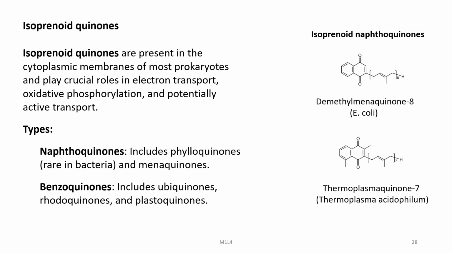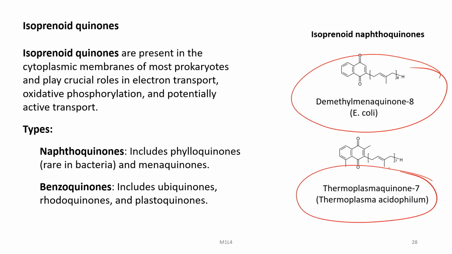For example, naphthoquinones include phylloquinones, which are rare in bacteria, and menaquinones. Then we have benzoquinones, which include ubiquinones, rhodoquinones and plastoquinones. So, here you can see some of the isoprenoid naphthoquinones in this figure on the top and bottom.